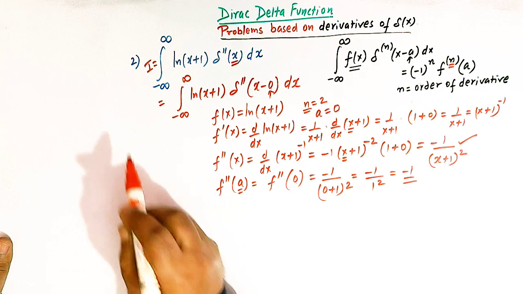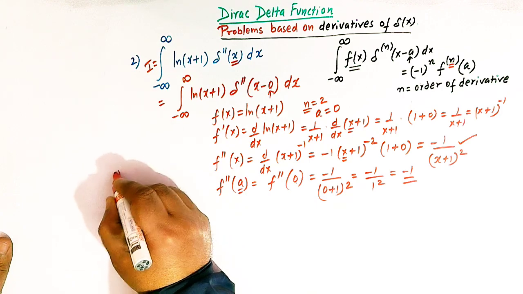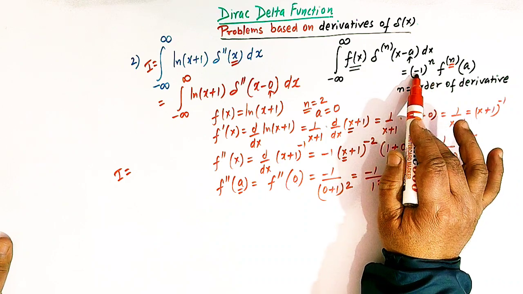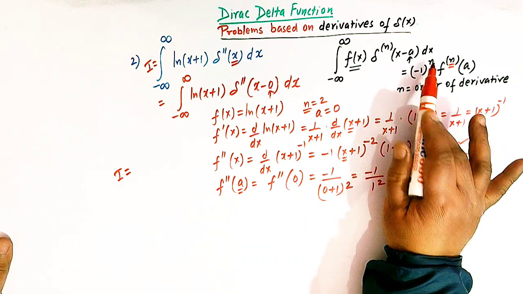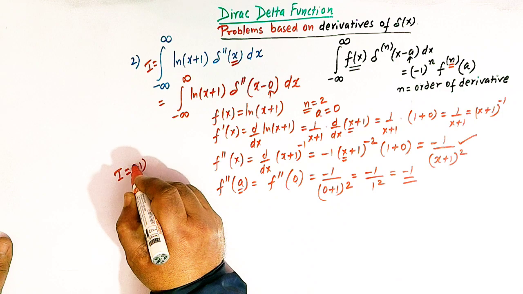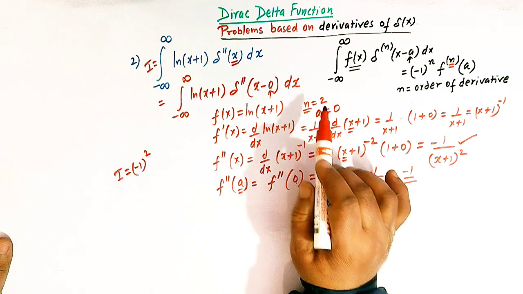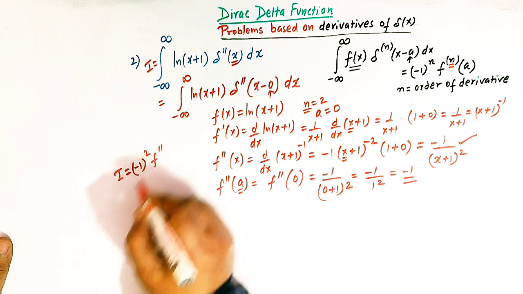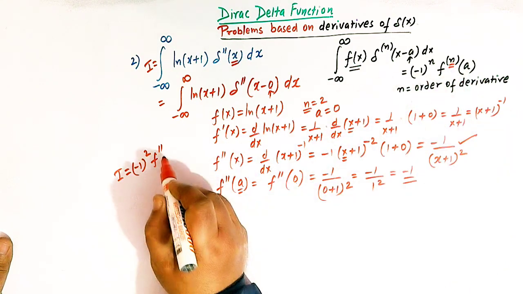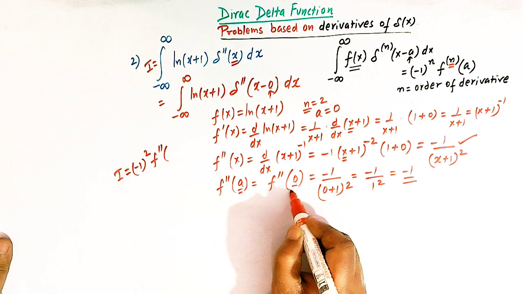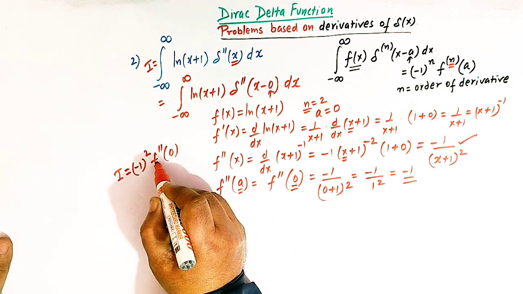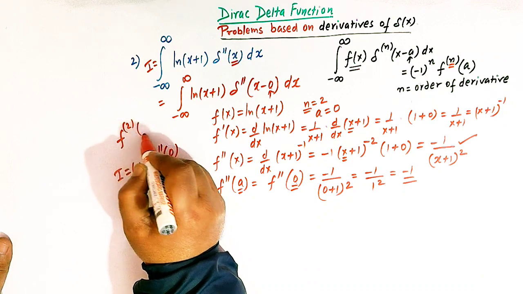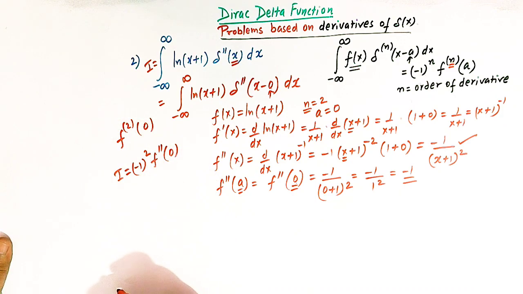So now the integral I can be written with the help of this result. So we have minus 1 raised to n. Here we have minus 1 raised to 2, because n is 2. Then we have f double prime of a, that is f double prime of 0, right?